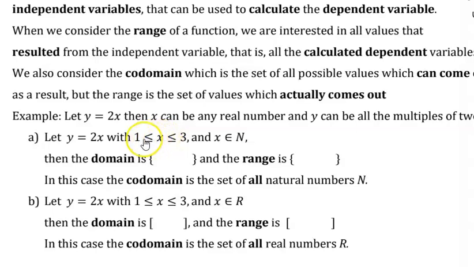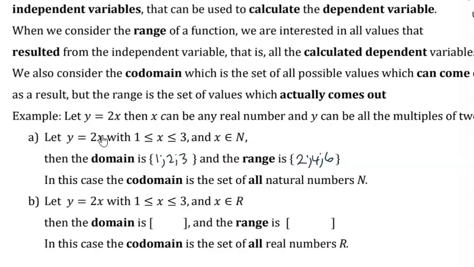For instance, if x is greater or equal to 1 and less than or equal to 3, and x is a natural number, then my domain will be restricted to only 3 numbers, 1, 2, and 3, because they are natural numbers, so we cannot have 1.5, 1.1, 2.7, etc. The range will be the results of putting the x in here: 2 times 1, which is 2, 2 times 2, which is 4, and 2 times 3, which is 6, and that is all.